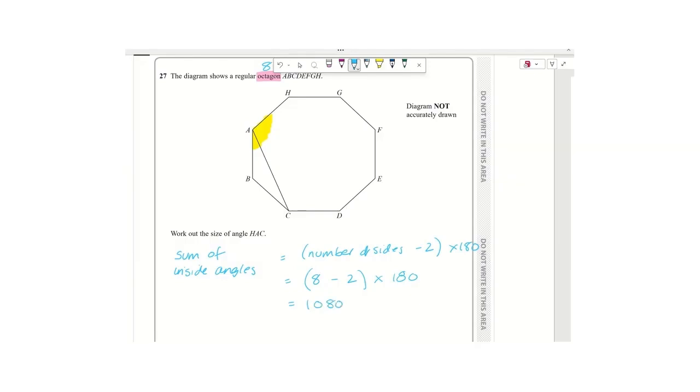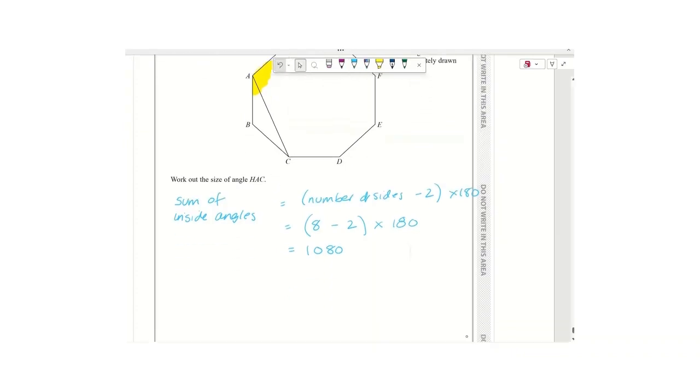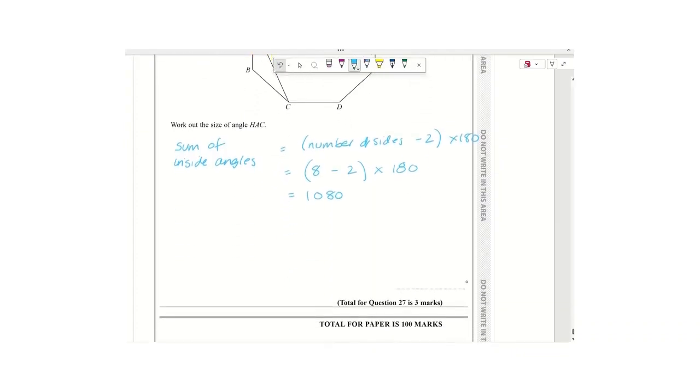So that's how much all of these angles add up to. Now, if we want to know what one of them is, we need to count how many angles we've got. But I've got 8 sides, so I've got 8 angles. So each angle is 1080 divided by 8, which is 135 degrees.